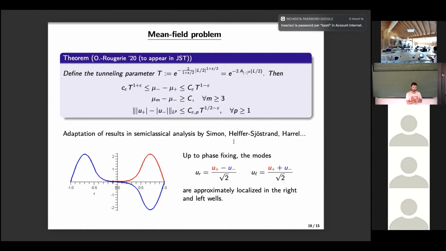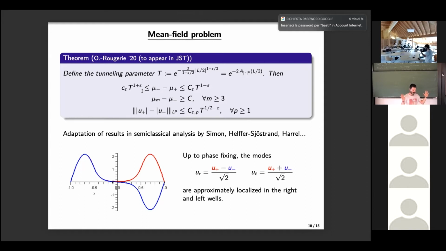Although they were definitely not present in the setting we needed. And in particular, we had to work a lot to get this lower bound in the gap. This is maybe the less trivial part. And also an observation by Mathieu Lewin and one of his students helped us correct a mistake in an early version of the paper.